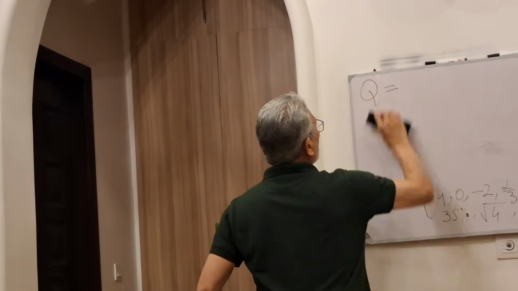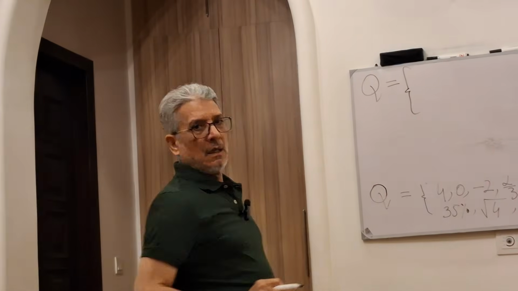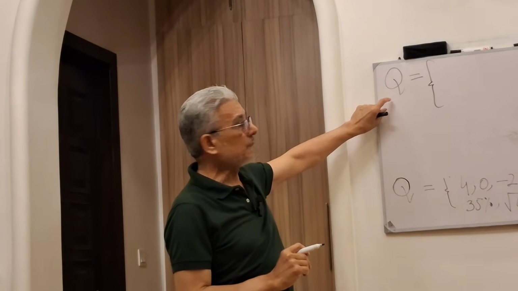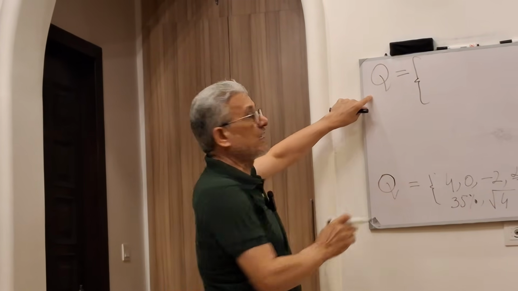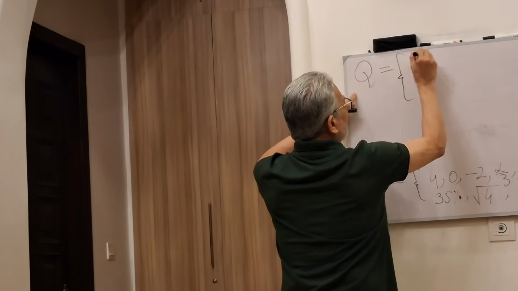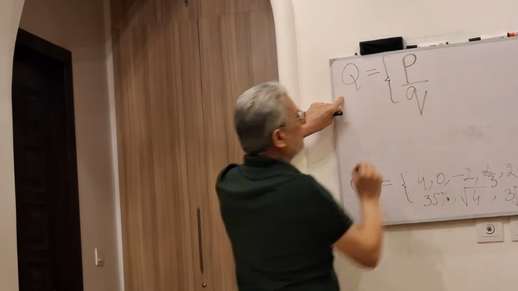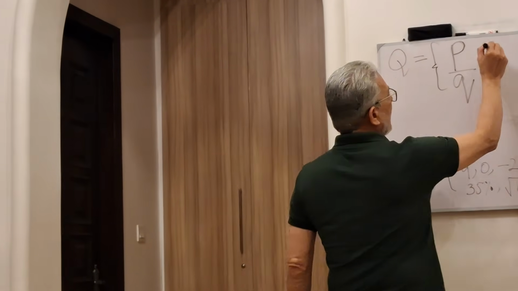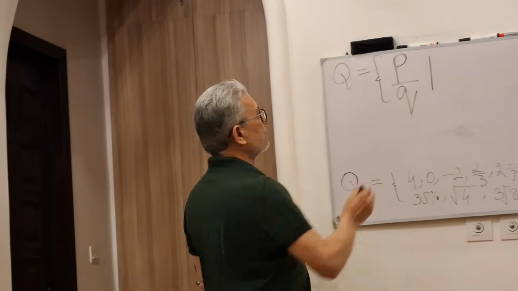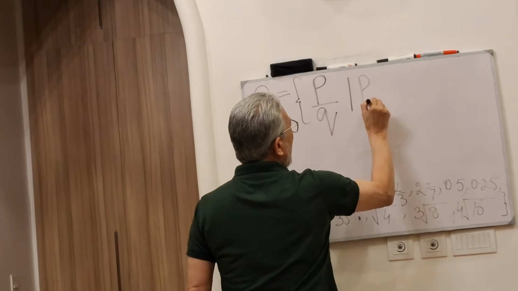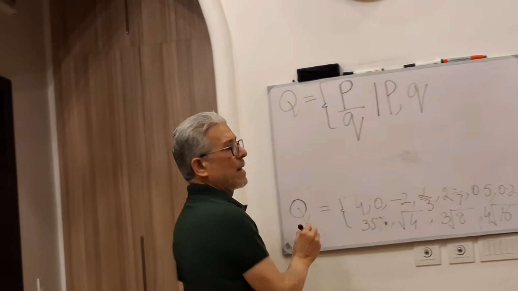Okay. Now, how to write it? Quotient is rational number. A rational number is a number which can be written in the form of a fraction like P over Q, where we put this vertical line, where P and Q, for which we always put comma.